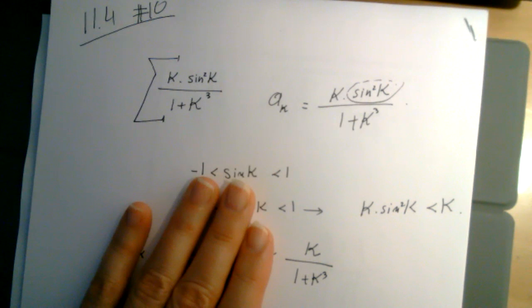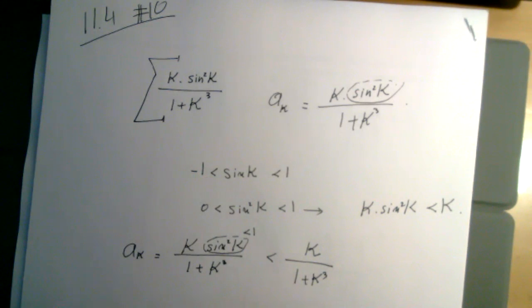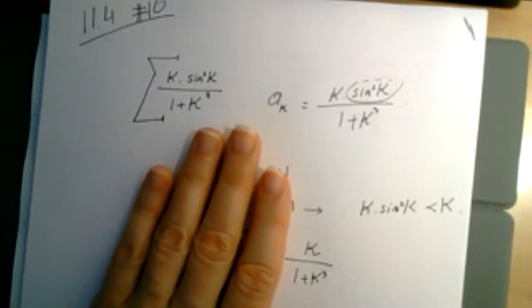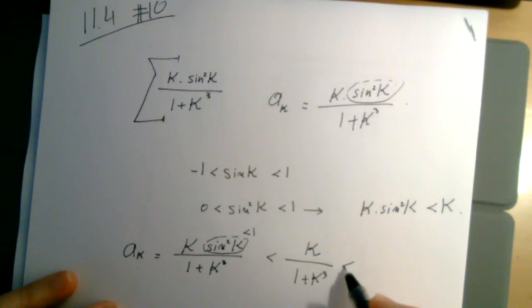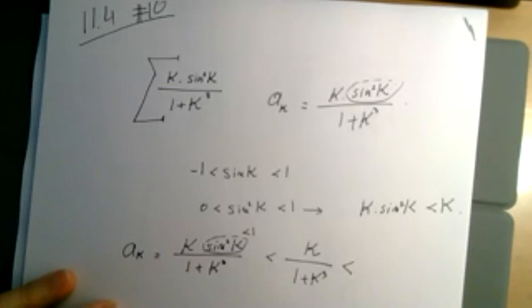Okay, so it's absolutely the limit comparison test. That's the one to do. So I know how to do that, limit comparison. But I'm going to push you a little bit further. Is this less than something easier?